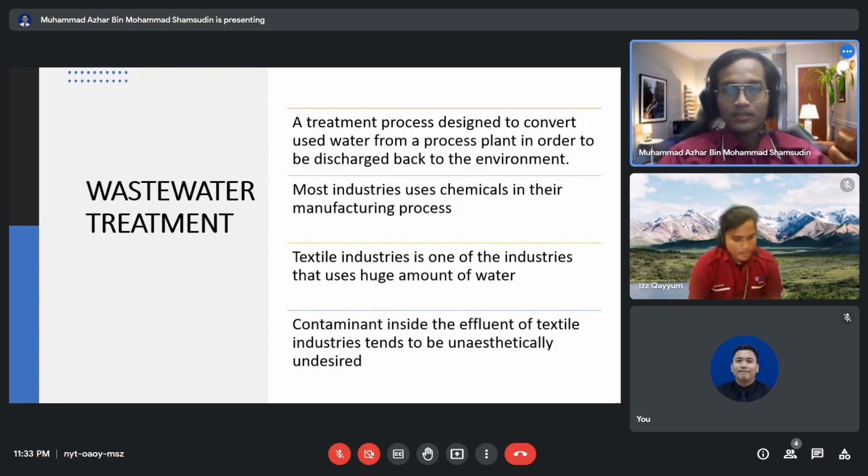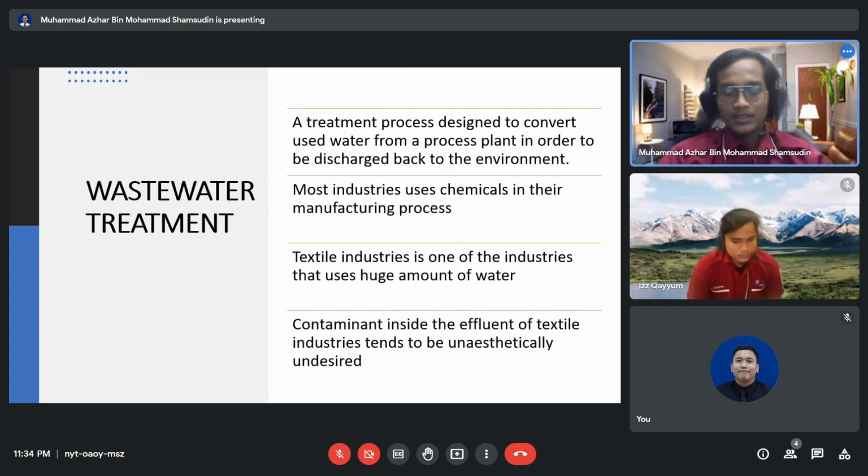A lot of water is used for the process, meaning a lot of water is contaminated by the chemicals used for the chemical process to proceed. As stated by Mira Liana in a journal I found about the textile industry, approximately 500 liters of water is used in a process monthly. This is quite a huge amount.